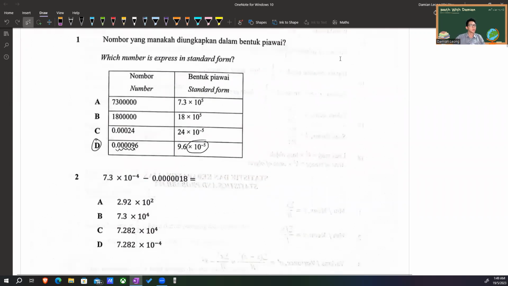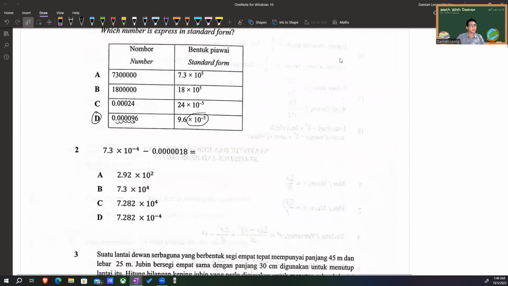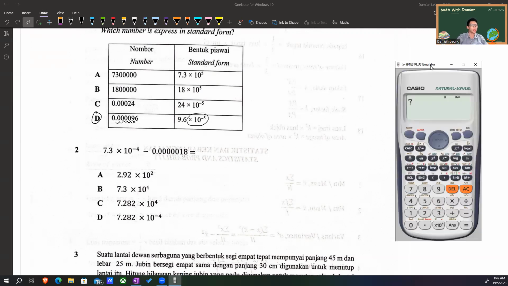Question 2. 7.3 times 10 to the power -4 minus 0.0000018. If it's a paper 1 question, for questions like this we can always just use the calculator. 7.3 times 10 to the power of -4 minus 0.0000018.